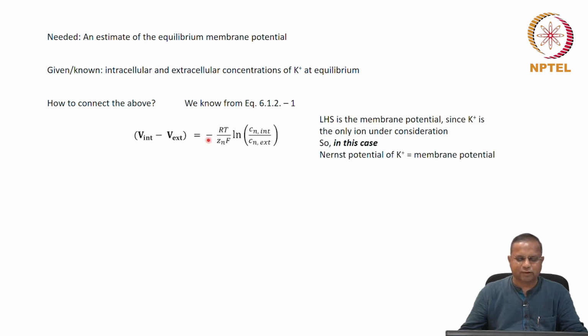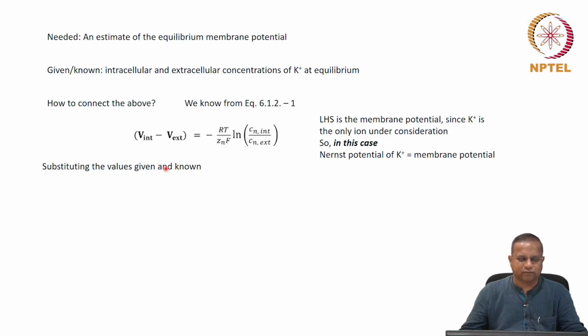The left-hand side is the membrane potential. Potassium is the only ion in consideration, and therefore the Nernst potential of potassium is the membrane potential. Okay. In the rare case, we are looking only at one ion to understand it better. So Nernst potential of potassium equals the membrane potential in this case. This is the Nernst potential, by the way.